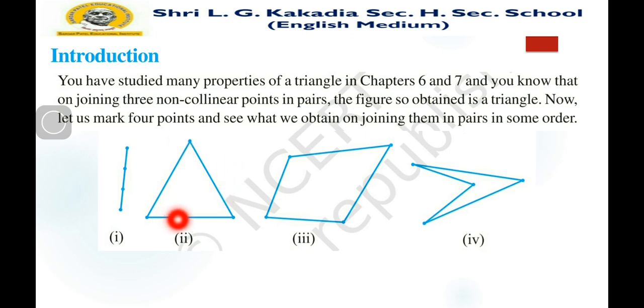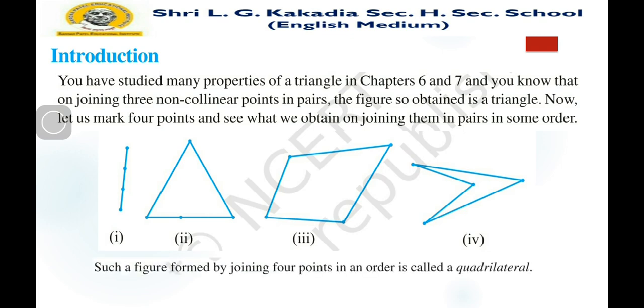Now we take four non-collinear points, then you can find this type of figure and also this figure. These two figures are known as a quadrilateral.